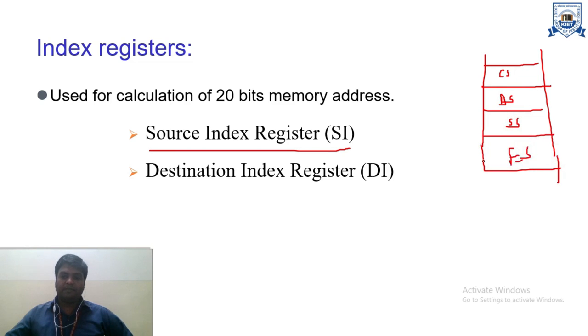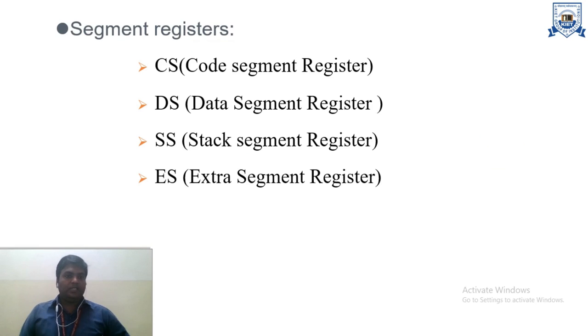The source index basically implements the data segment, and the destination index basically implements the extra segment. So this is your representation of the index registers.